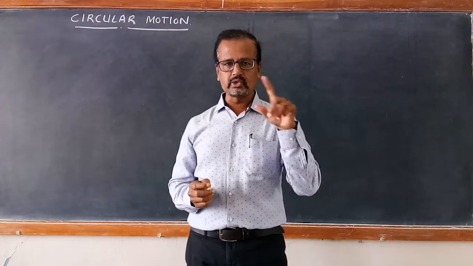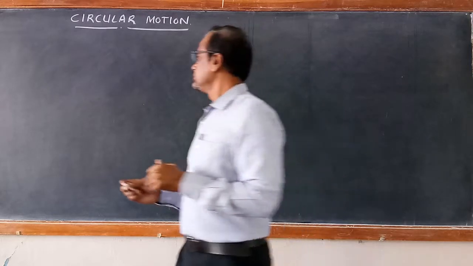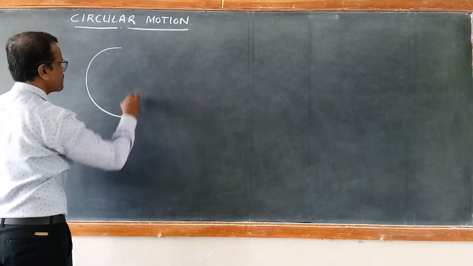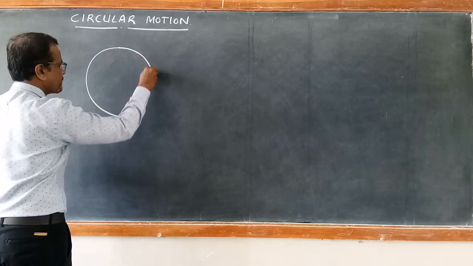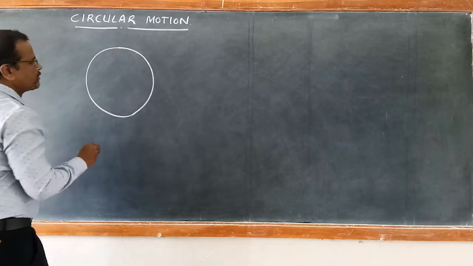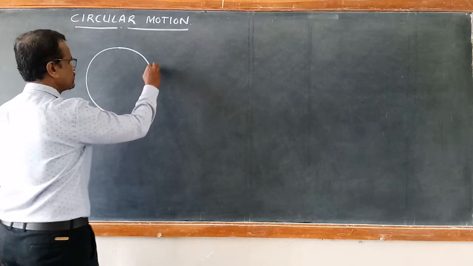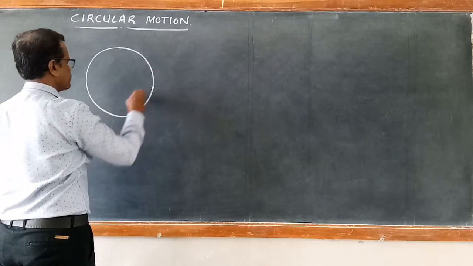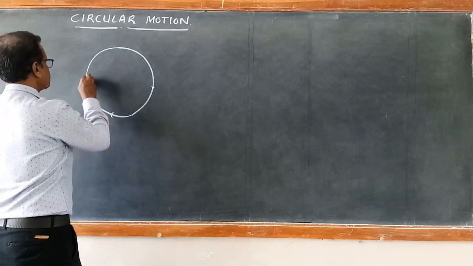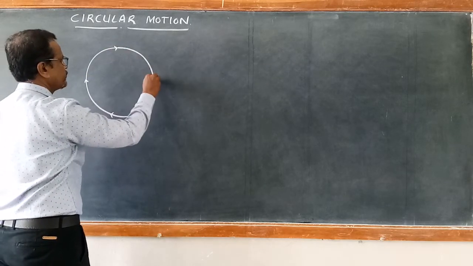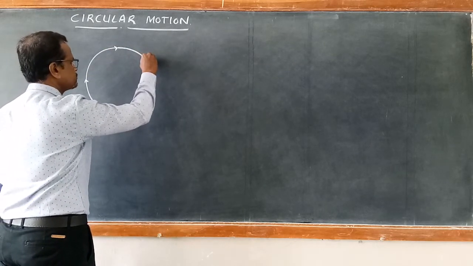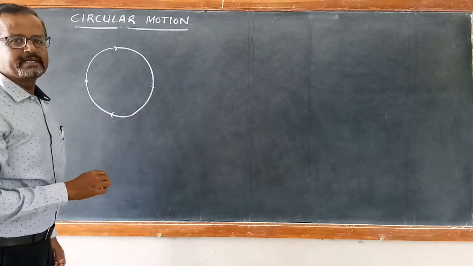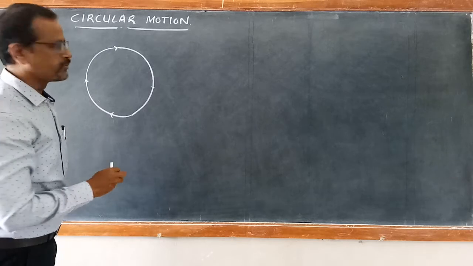When a body undergoes uniform circular motion with some constant velocity, then we have learned that it is experiencing a centripetal force.